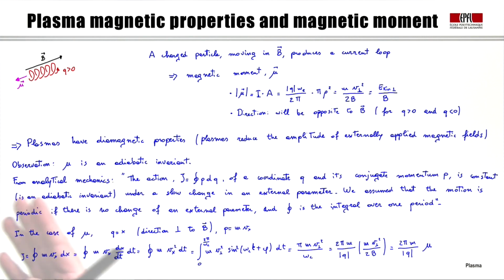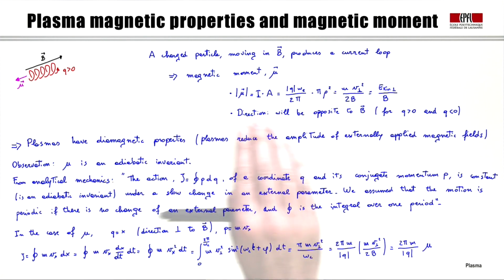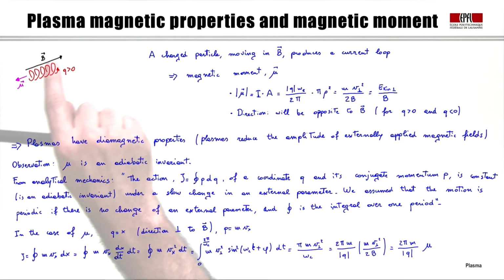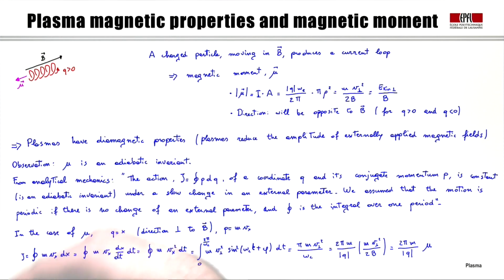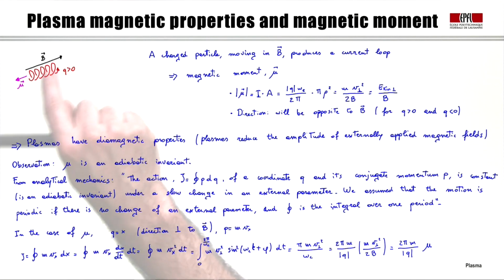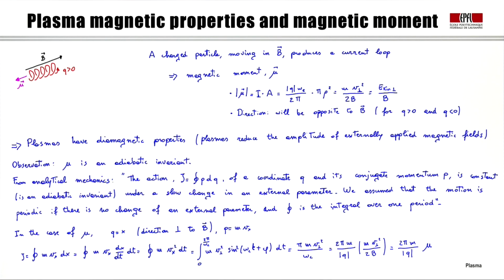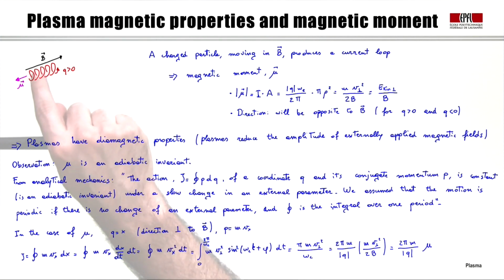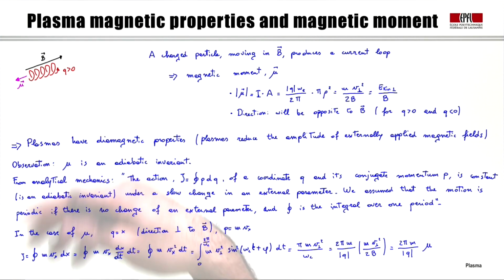Therefore, what do we learn from this theorem of analytical mechanics? That the magnetic moment remains constant even if the magnetic field varies in time or in space, as long as the variation is slow with respect to the cyclotron period. Despite the fact that the trajectory of the particle may change, this quantity will remain constant.